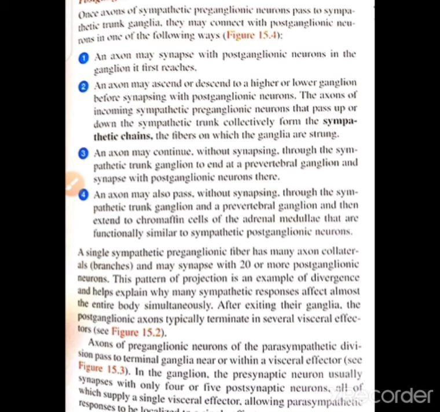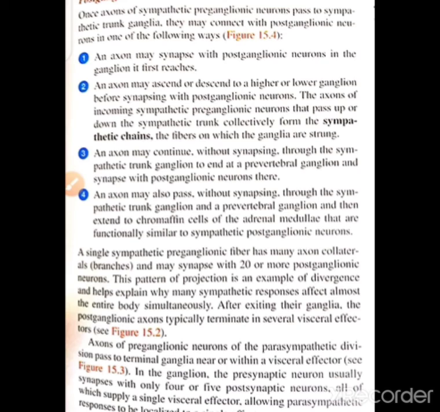So lots of effectors are simultaneously getting postganglionic axons from the various preganglionic neurons. That's why there is a more simultaneous effect on various organs, more than one organ, when the sympathetic division is activated.